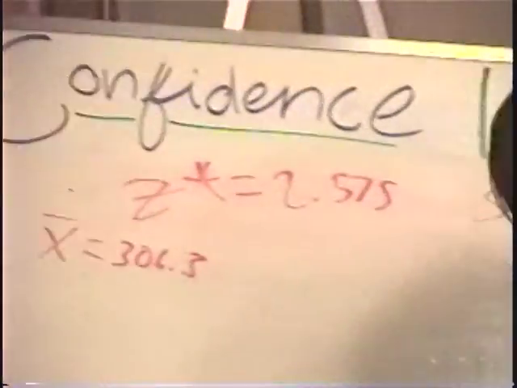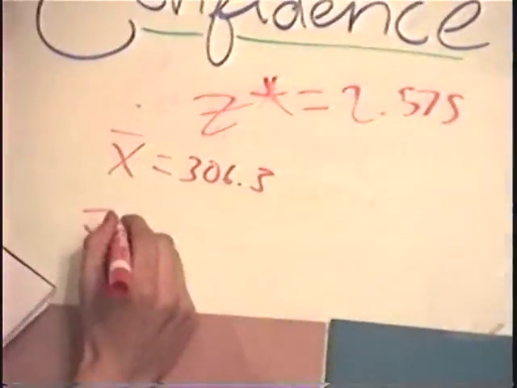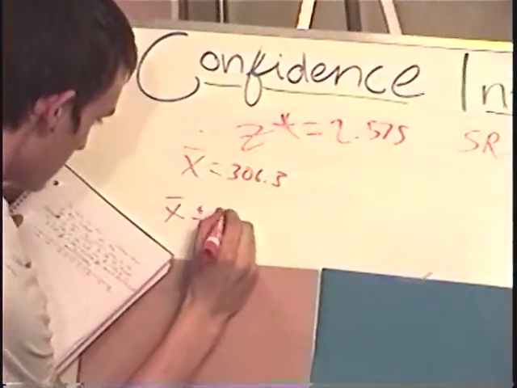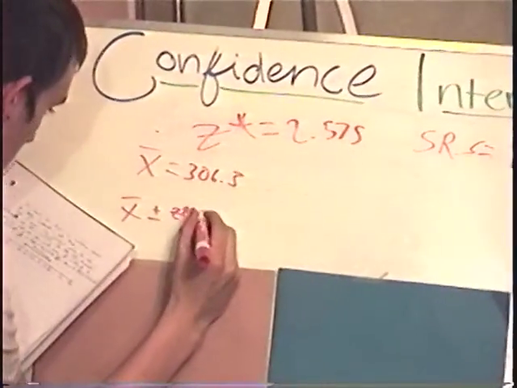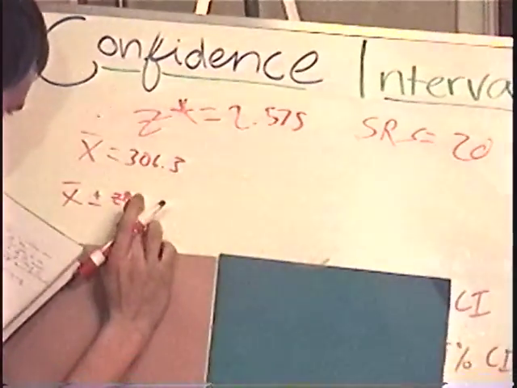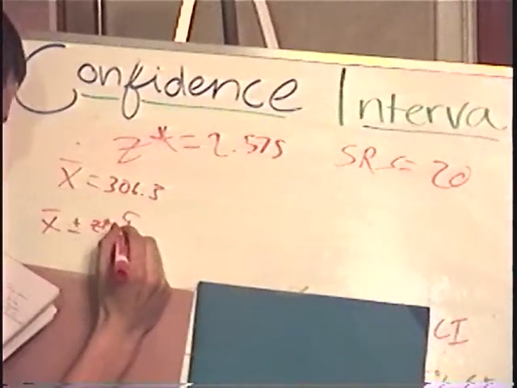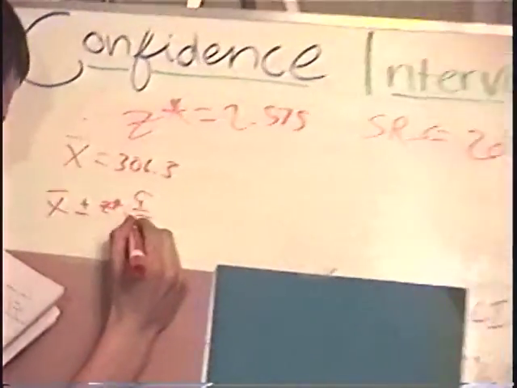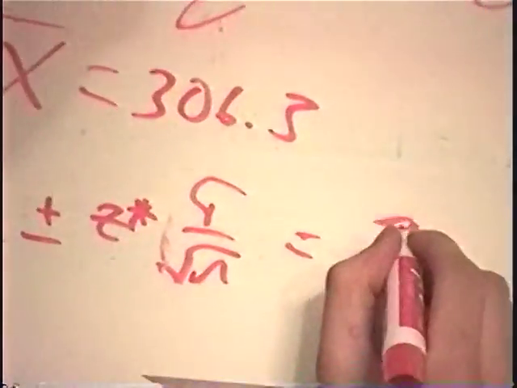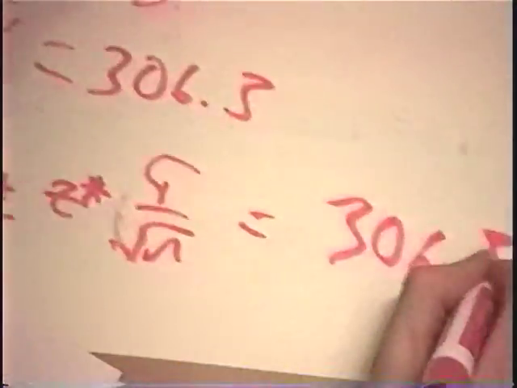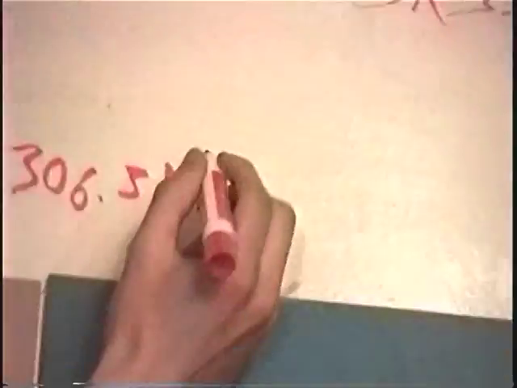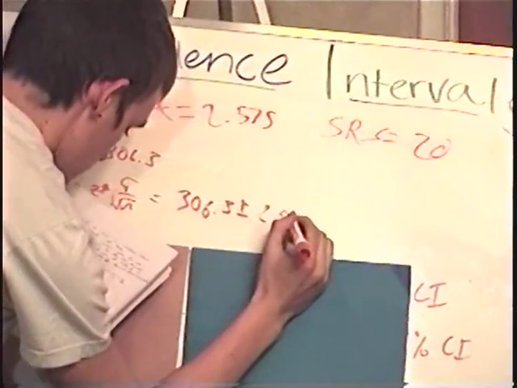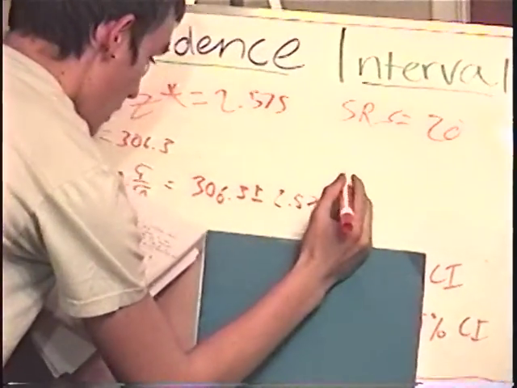And then the formula: mean plus or minus z star times the standard deviation over the square root of n equals 306.3 plus or minus 2.575.